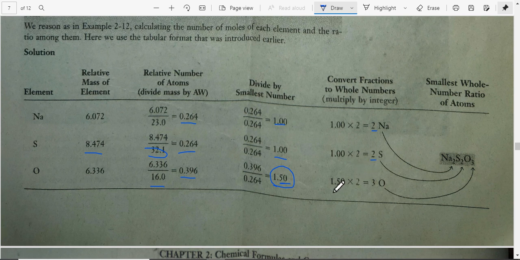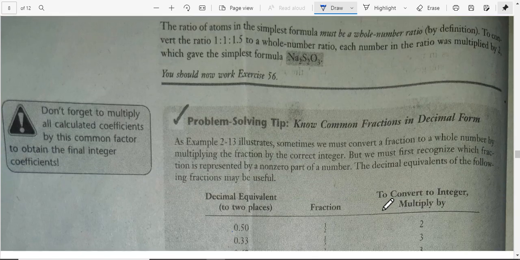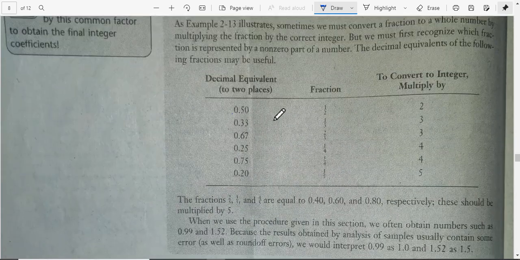Since you have whole numbers along with a decimal value, we will need this conversion factor. If you are getting 0.50, the fraction is 1/2. 0.33 is 1/3. 0.67 is 2/3. 0.25 is 1/4. 0.75 is 3/4.